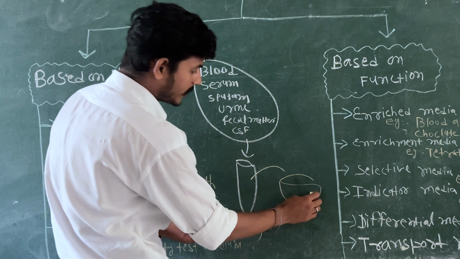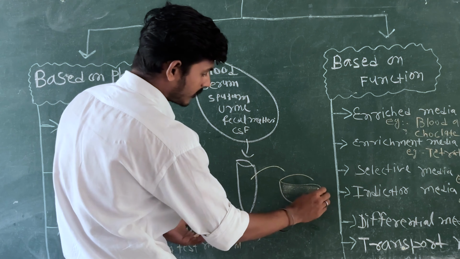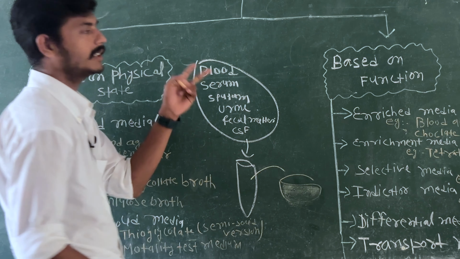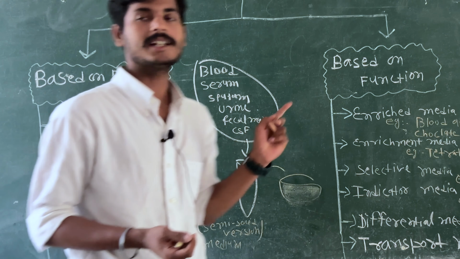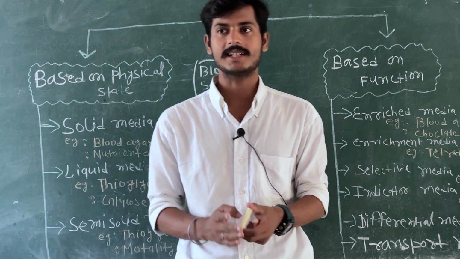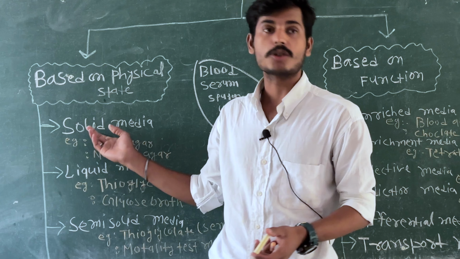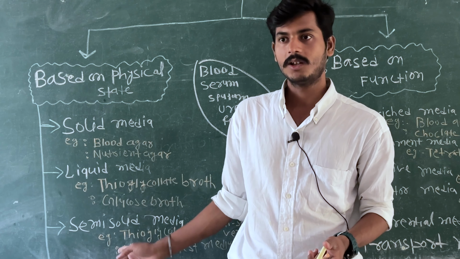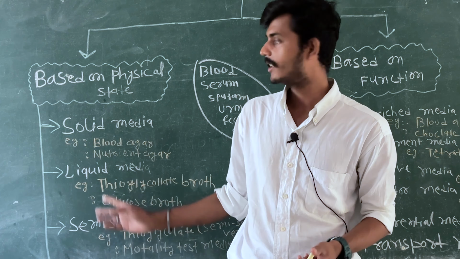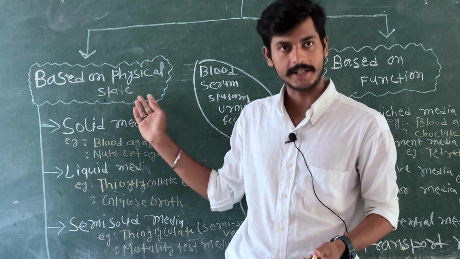Now this nutrient media is mainly of two types. The first classification is based on physical state: the solid media, liquid media, and semi-solid media. We have three classifications based on physical state.